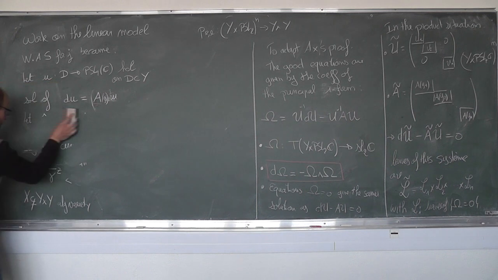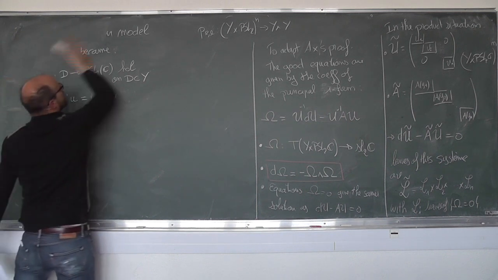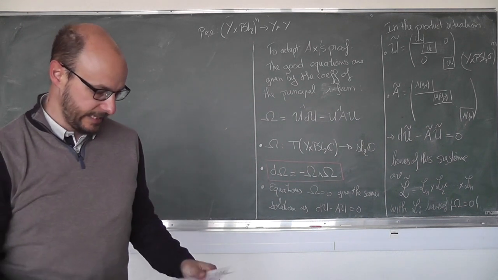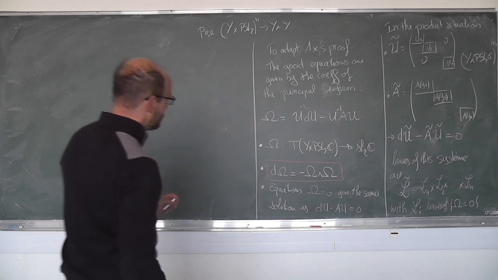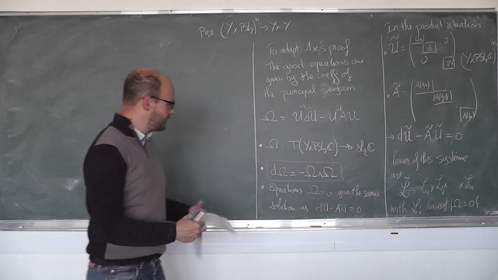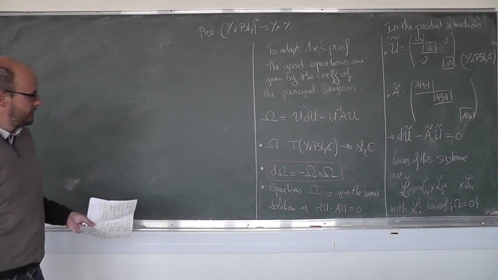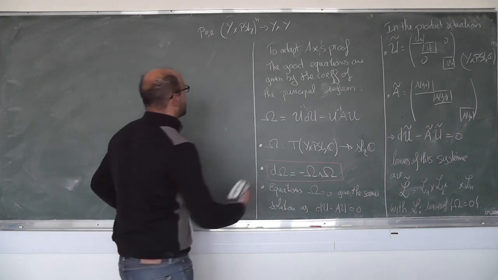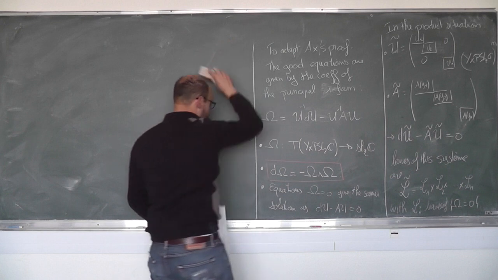So we will use some nice property of this form omega. In the next lecture about differential Galois theory, we will see why this property will give us a nice way to organize the computations.